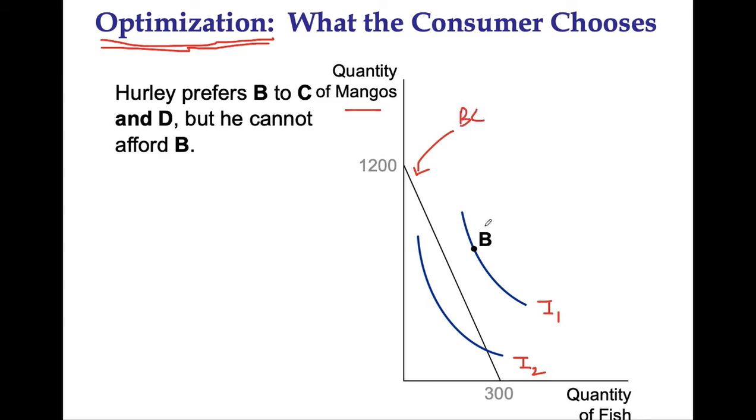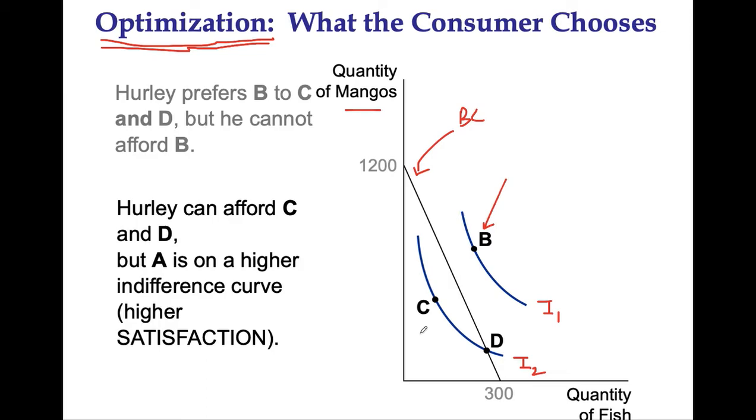Let's look at the bundle B. The bundle B on the curve I1 gives more satisfaction to the consumer than the bundles C and D. However, the bundle B is on the right side of the budget curve, or the budget constraint.